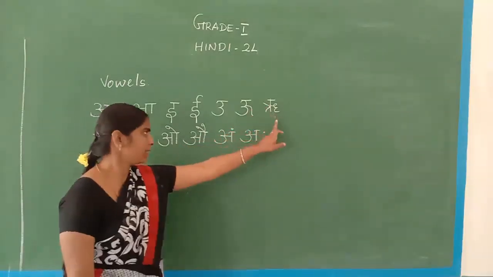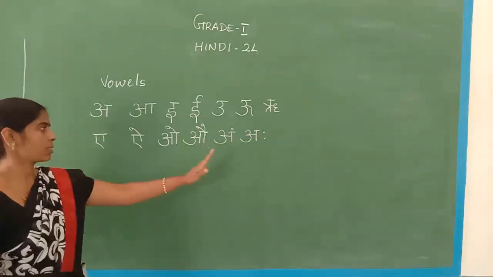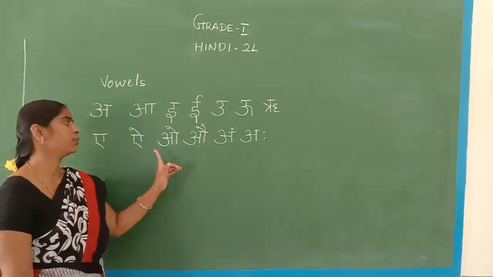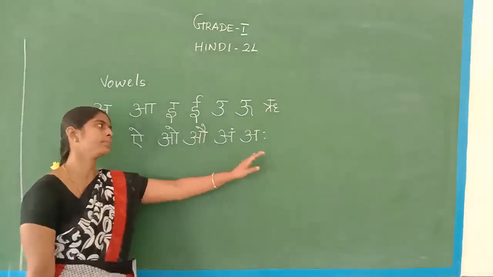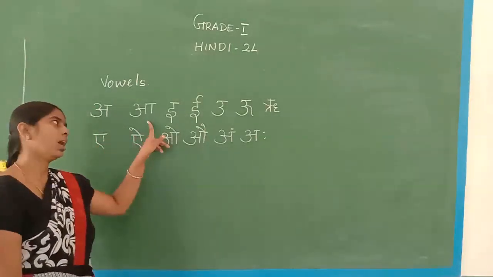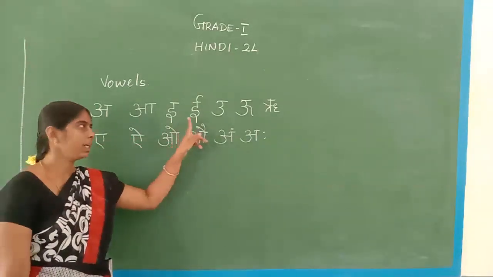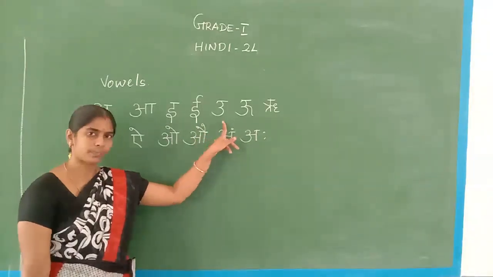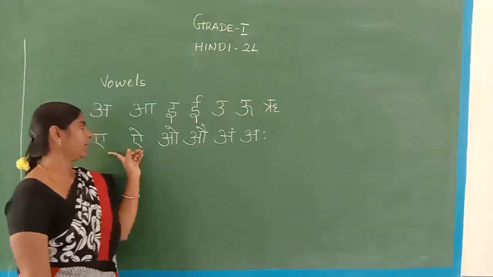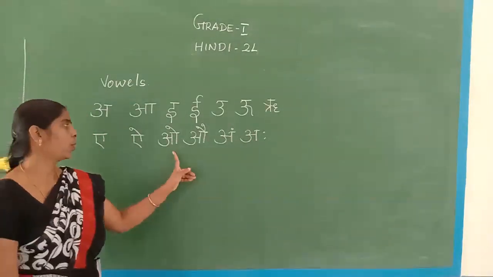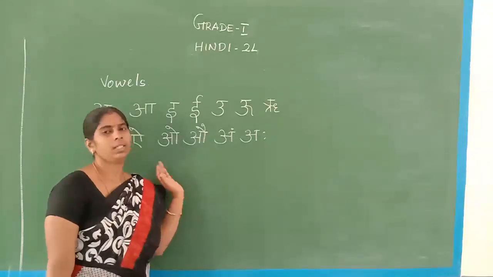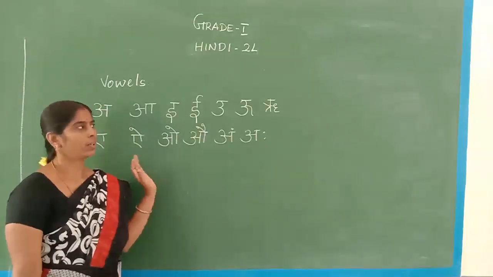So after this letter, no short sound, only the long sound. Okay, A, I, O, Au. Once again, A, I, U, Re, A, I, O, Au. Are you clear, children? Okay.